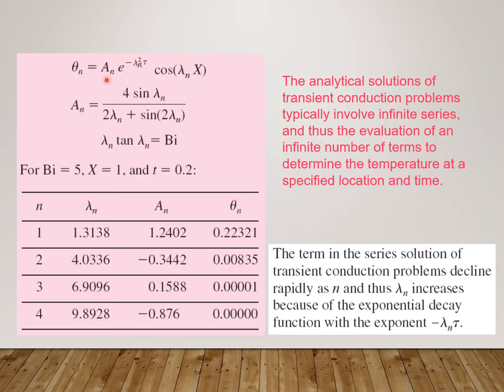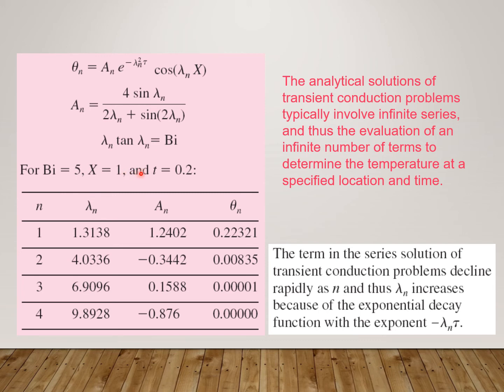So same, theta is equal to A n e to the power minus lambda n square tau cos lambda n x. A n is equal to, which we solved, 4 sin lambda n upon 2 lambda n plus sin 2 lambda n, where lambda n tan lambda n is equal to the Biot number, for different values.